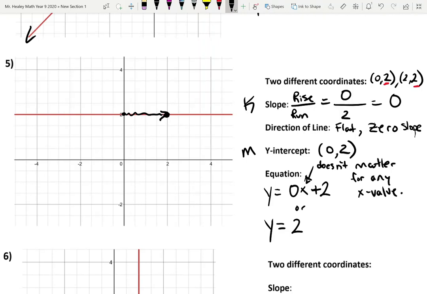You can see that in the graph. When x is -4, y is still 2. When x is -2, y is still 2. For any of these points on the line, y is always 2.